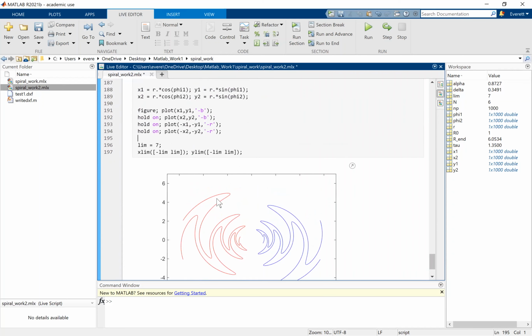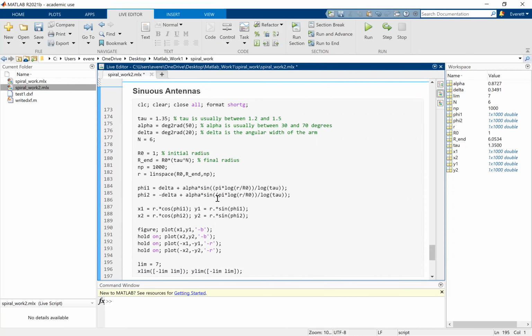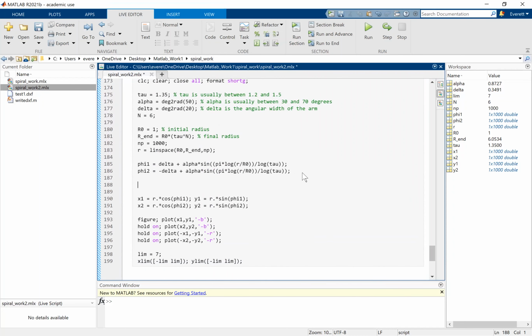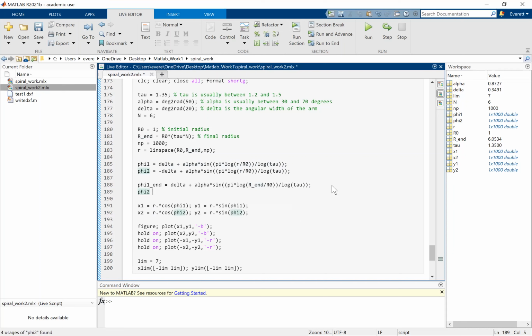We just need to figure out what those angles are. So let's call this phi1 underscore end. So phi1 underscore end equals this, but instead of the whole r vector, we're just going to plug in r underscore end. And phi2 underscore end equals all of this, but instead of the whole r vector, we're plugging in r underscore end.